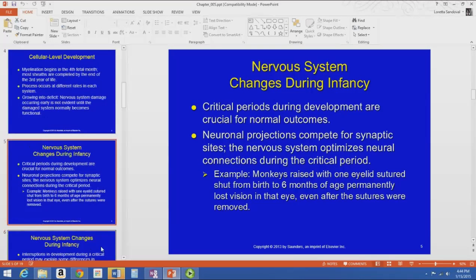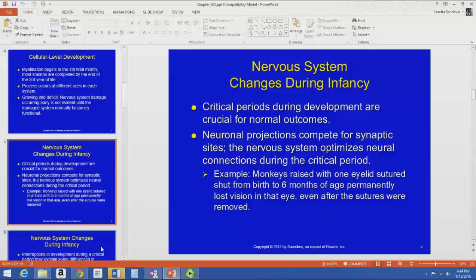So we talk about critical periods during development, and the critical periods are crucial for normal outcomes. A critical period is when neuronal projections are competing for synaptic sites. The nervous system is trying to optimize neural connections during the critical period.